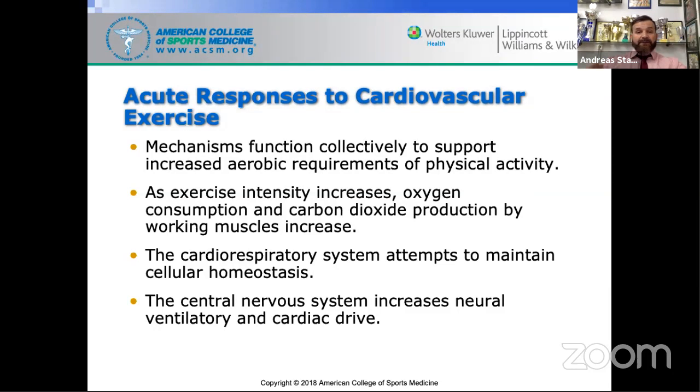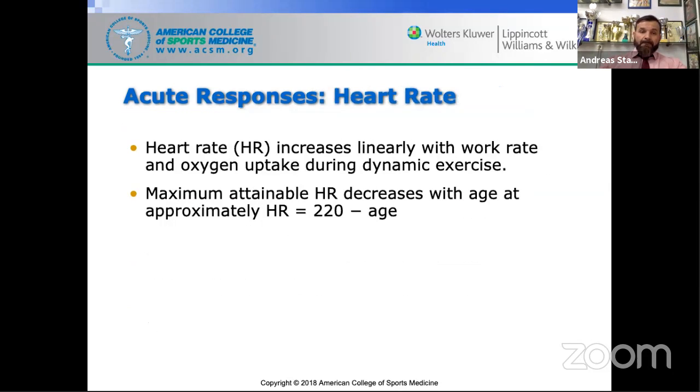That's a short-term, acute response to some kind of cardiovascular, not aerobic, activity. And our goal is cellular homeostasis, bringing us back to the equilibrium at the cellular level. All right.